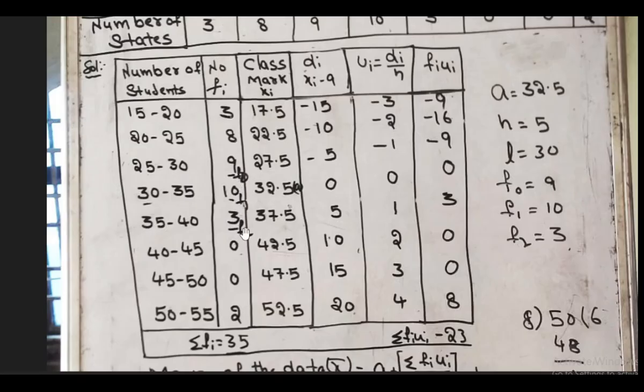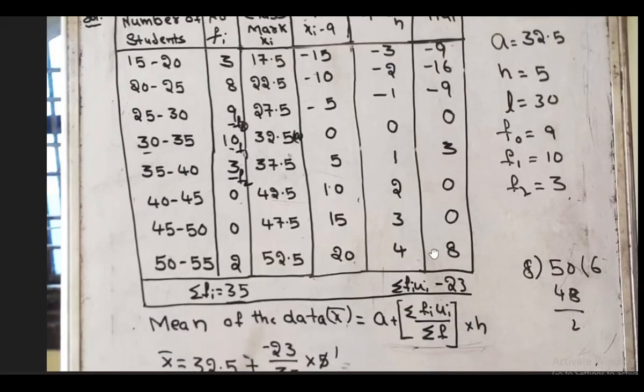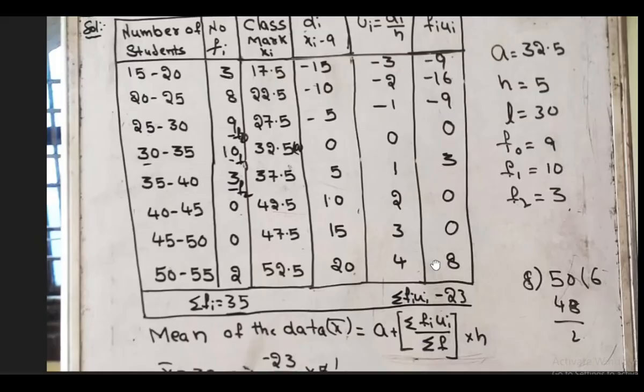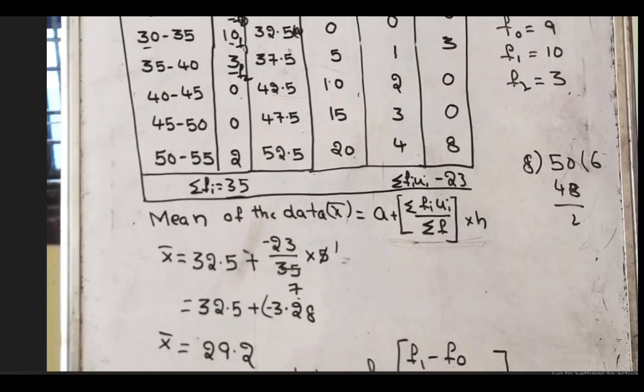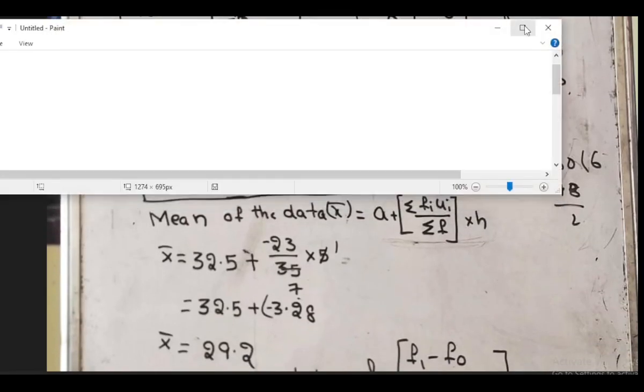So we have found the preceding and succeeding frequencies, 9 and 3, F0 and F2, and the height of the class as usual. If we subtract the lower boundary from the upper boundary, we get the height of the class. After finding the height, we will see how to find the mode as the solution.